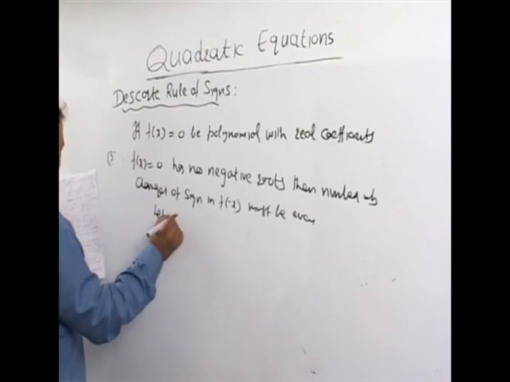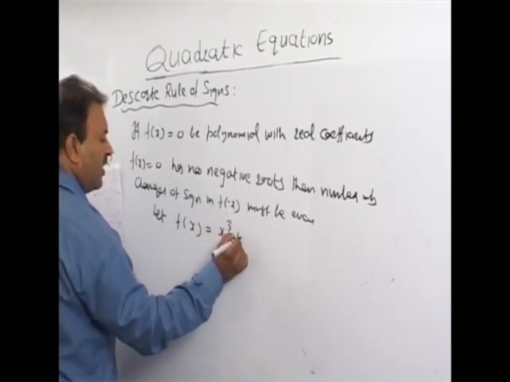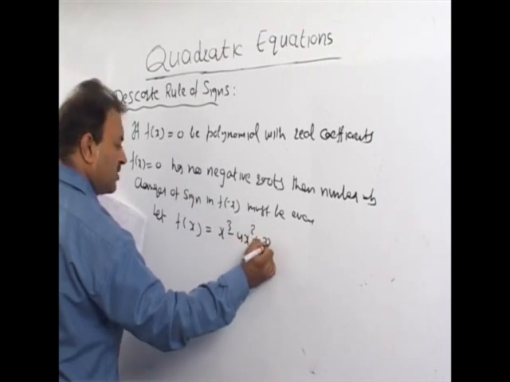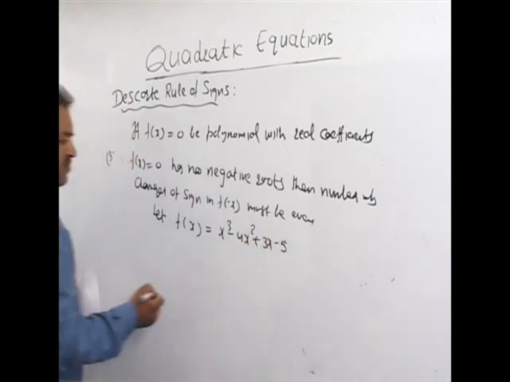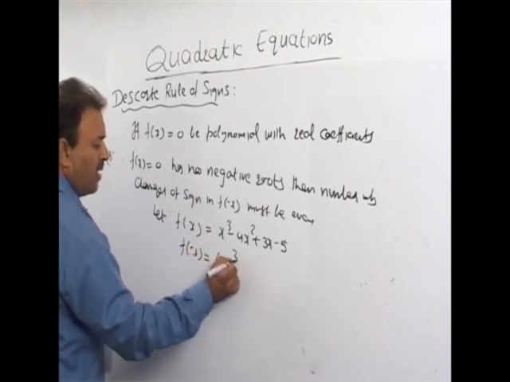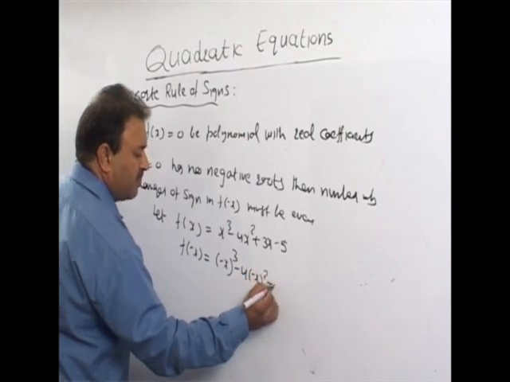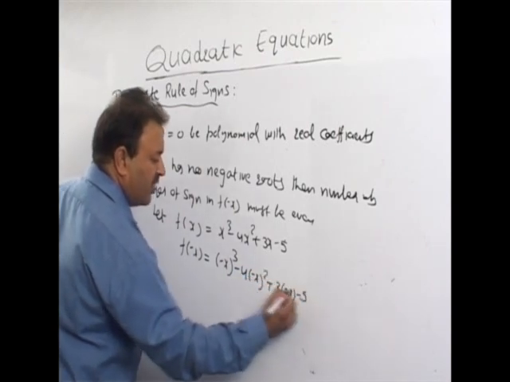Let's take f(x) is equal to x cube minus 4x square plus 3x minus 5. F of minus x will come out to be minus x cube minus 4 into minus x square plus 3 into minus x minus 5.